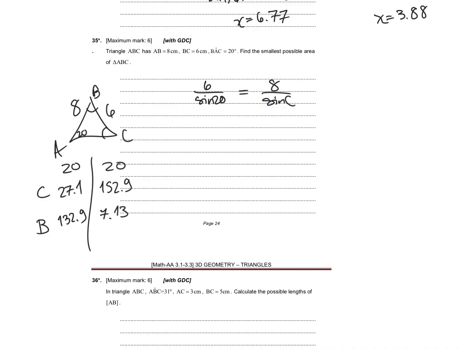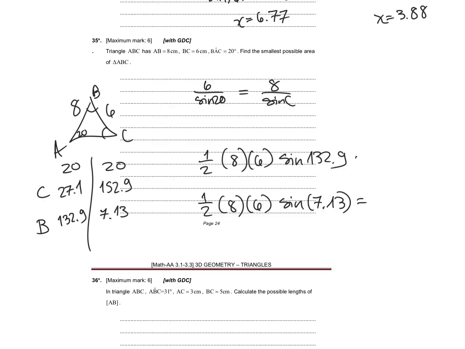And then we will have 1/2 AB sine 132.9, or 1/2 AB sine 7.13. So we have 17.6 here, or 2.98 here. So this is the smallest possible area.